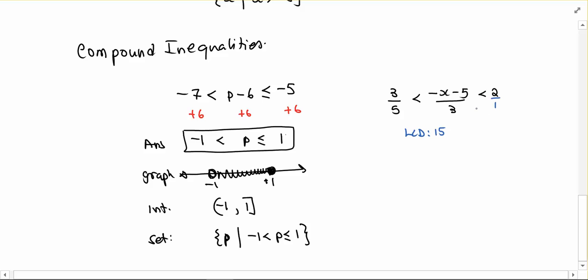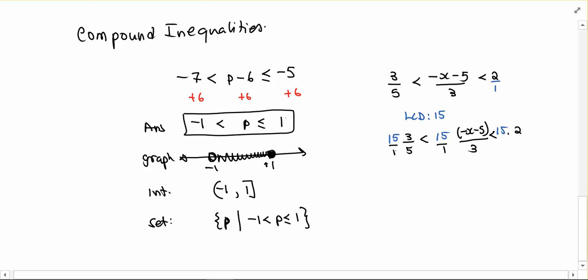So I'm going to multiply through by 15. So I got a 15 there, a 15 here, and a 15 here. And then I'm going to write in the problem. So it's 3/5, and then here, careful, minus x minus 5 over 3. And then over here is 2.